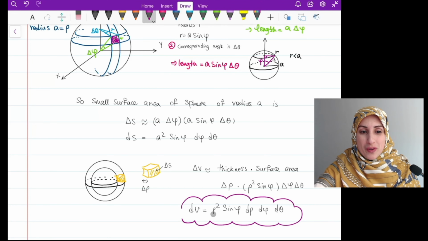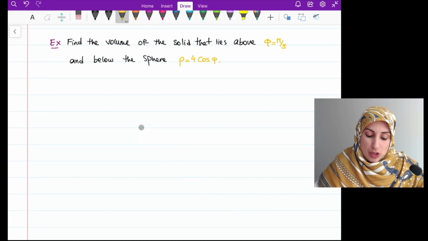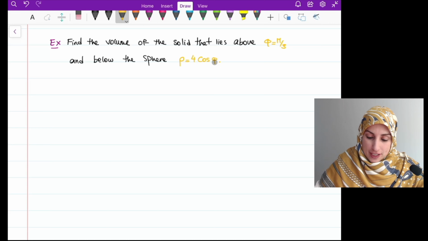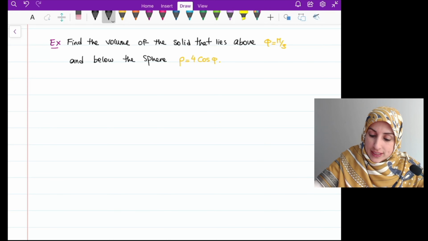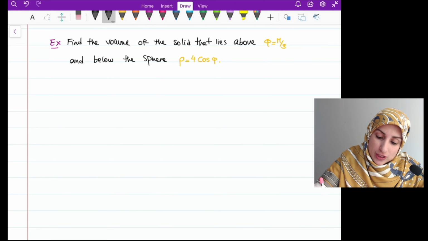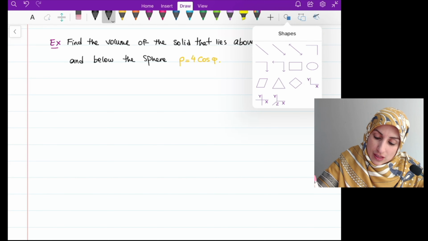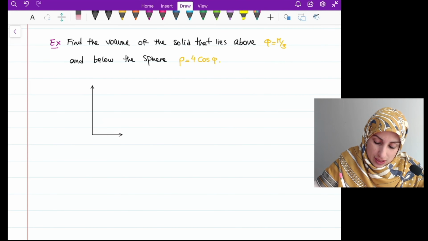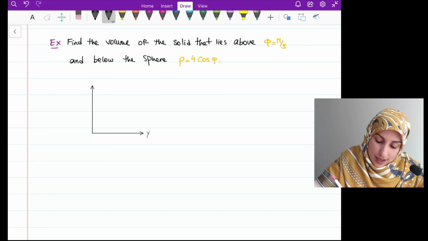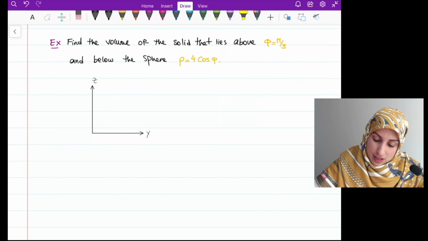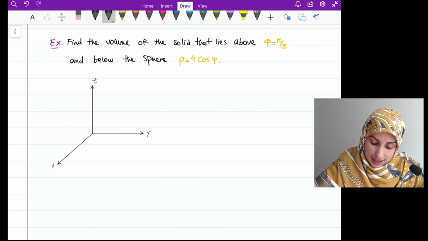So let me go over one example. The example is this: find the volume of the solid that lies above phi equals pi over 3 and below the sphere rho equals 4 cosine phi. Okay, so what are all of these? I'm gonna graph the shape. So this is y, z. This one is the x-axis.